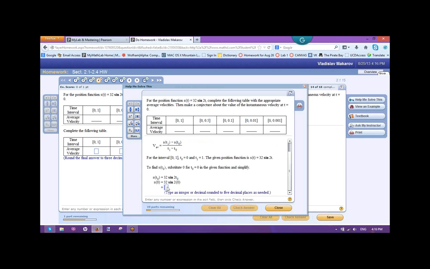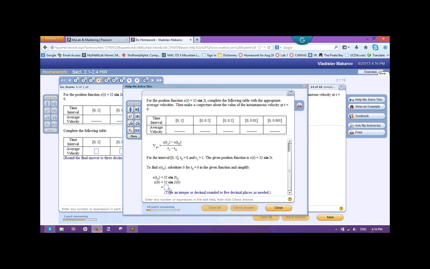Hold on, let's see. So that's going to be 0. Okay, that's what we did. So let's go ahead and answer this. Find s of t sub 0. This is going to be 32 times the sine of 2.